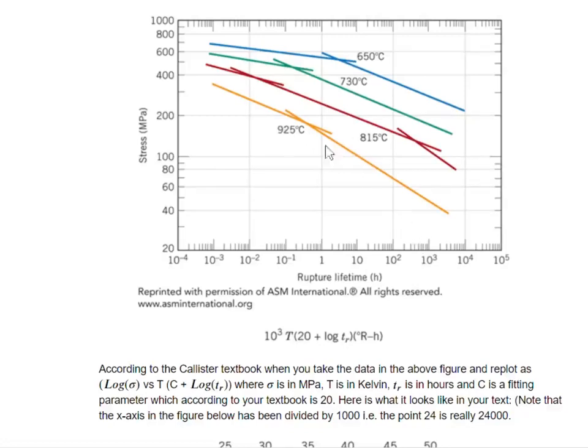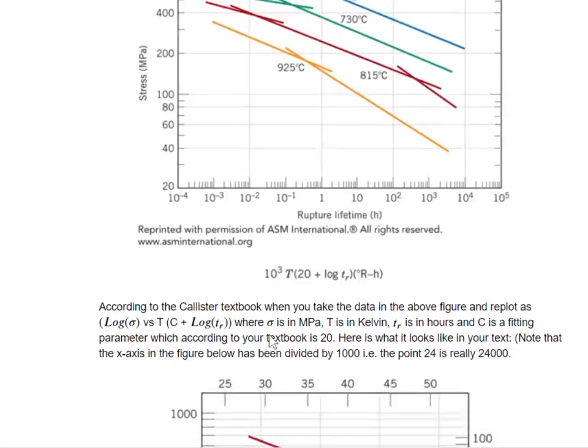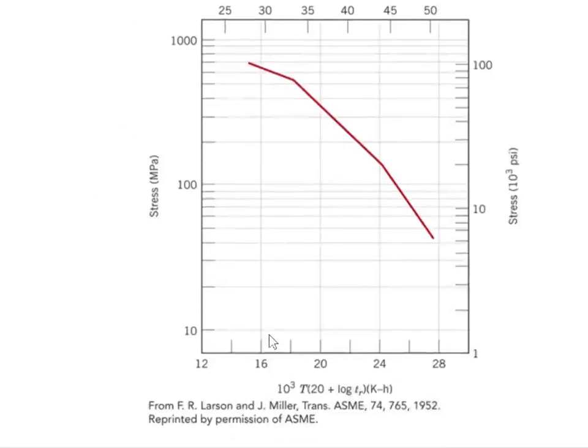So we'll take each of the data points on these curves and multiply it by the temperature of the curve. And this factor of 10 to the third you can just ignore. This was because they divided 10 to the third out of their axes. So that's the plot that they got.